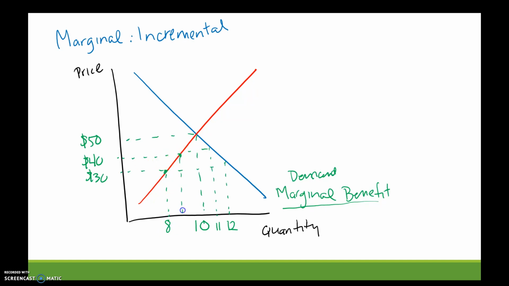At $40, we're willing to supply 9. And in terms of marginal, what would cause this? That would be the marginal cost. The extra cost associated with selling one more pair of shoes would allow me to sell it for $40.